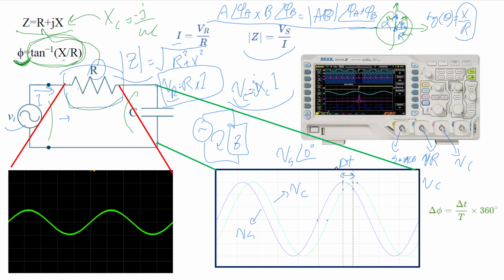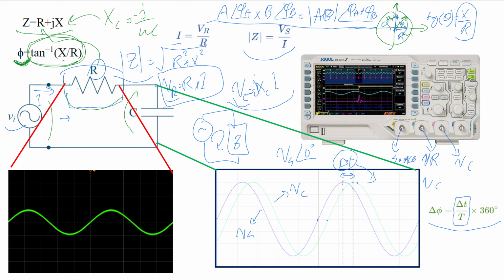Now, you need to translate this delta t to the phase change. The formula for that is simply delta t over one period, which gives you a percentage or per unit of the phase shift with respect to one full cycle.